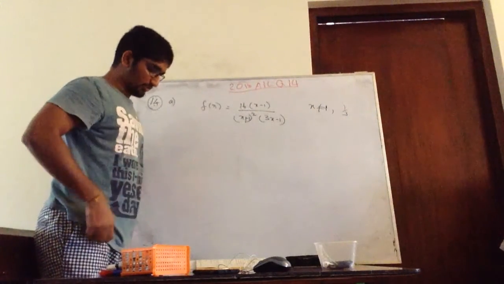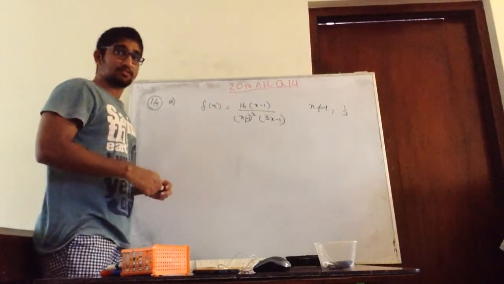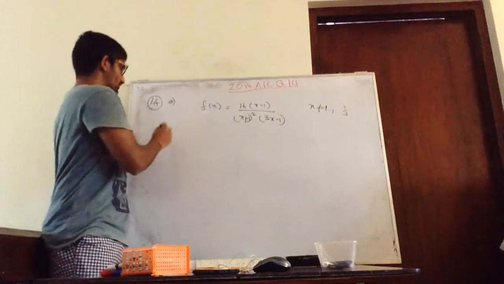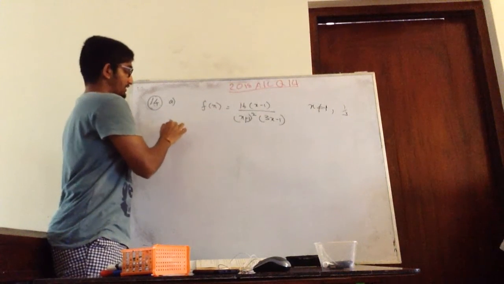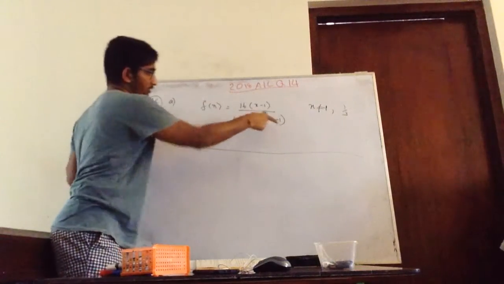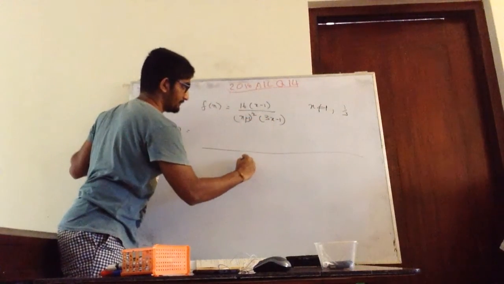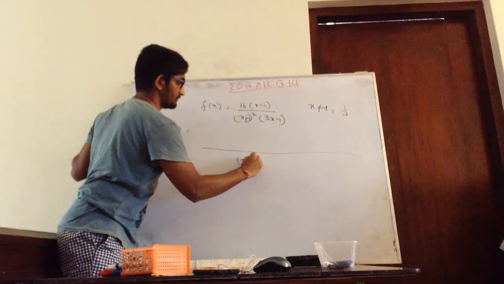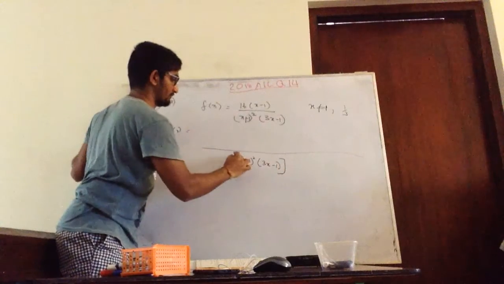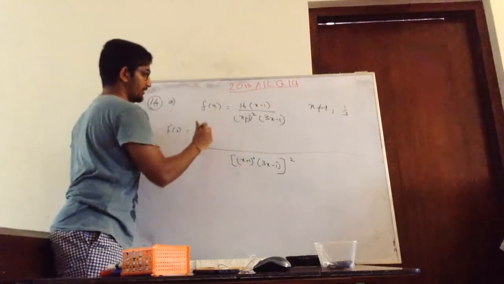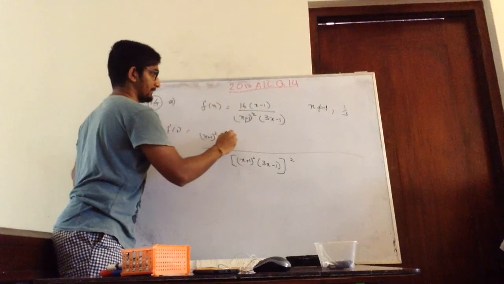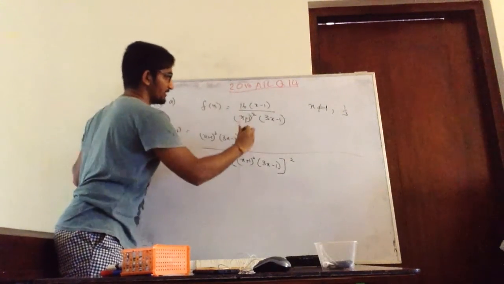Alright, so now we need to get f'(x). This part has a lot of simplification, so let's see how to get f'(x). You square this up, then you take this here, then you differentiate this part.